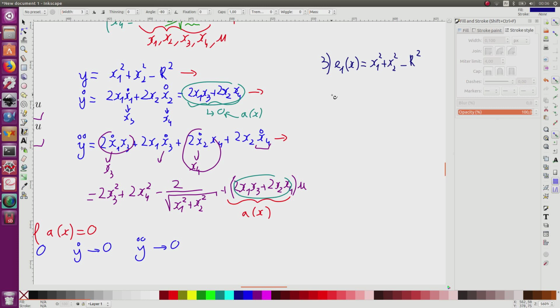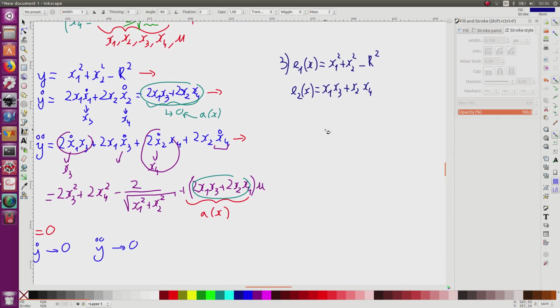The second one is E2, corresponding to y dot, and this one is x1 x3 plus x2 x4. So I have removed the 2 because if E2 is equal to 0, then of course y dot will also be equal to 0.